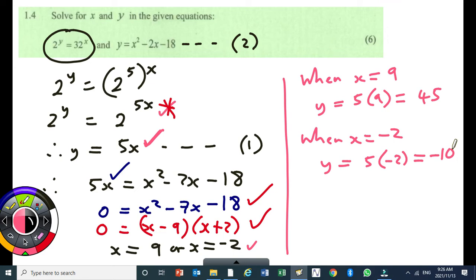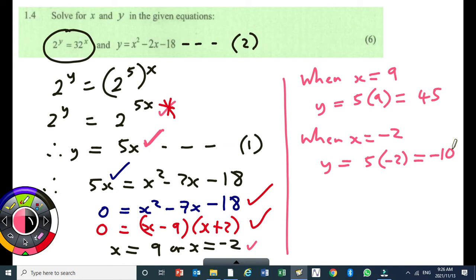Right. I just want to tell you something which I have seen some of them doing. It's not necessary here to write your answers as ordered pairs. There's no mark out of it. As long as you show that your two y values are 45 and minus 10, you deserve a mark for that.